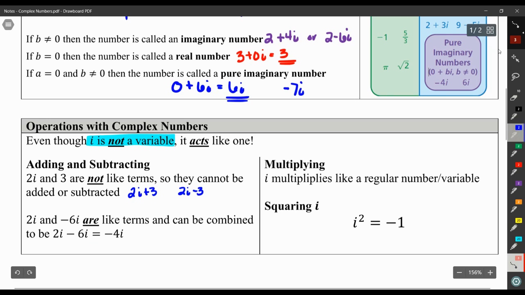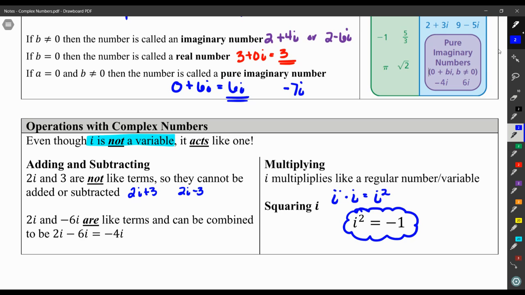Now, if you multiply, it's like multiplying a regular number or variable. So if you end up with i times an i, you end up with i squared. Here's a definition for what i squared is, because remember, i is not a variable. i has meaning. So i squared is actually equal to -1. And here's why. Remember that i is equal to the square root of -1.